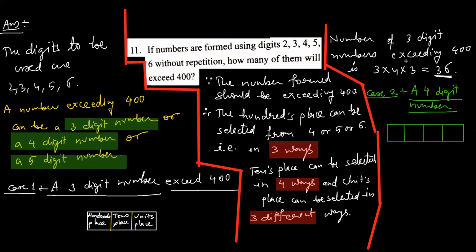See in this, in a 4-digit number, remember that you will have units place, then you will have tens place, you will have hundreds place, and you will have thousands place.